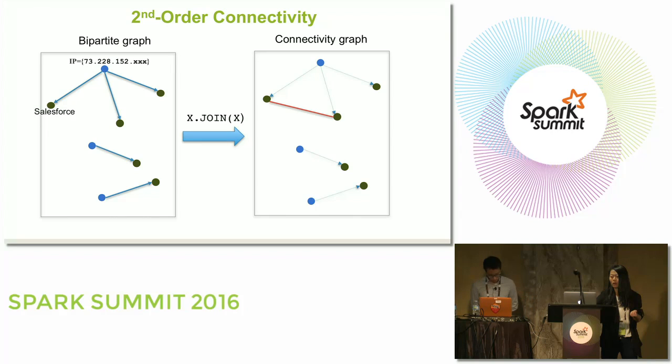This way, we obtain a second-order connectivity structure on the business entities only. And this way, we can see this hidden structure between all those business accounts. We use such higher-order connectivity to identify anomalies, so we can reduce noise down to an acceptable level. And apparently, this connectivity graph structure is much more stable than the previous one.